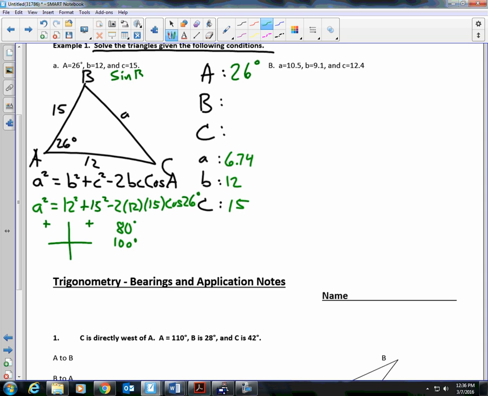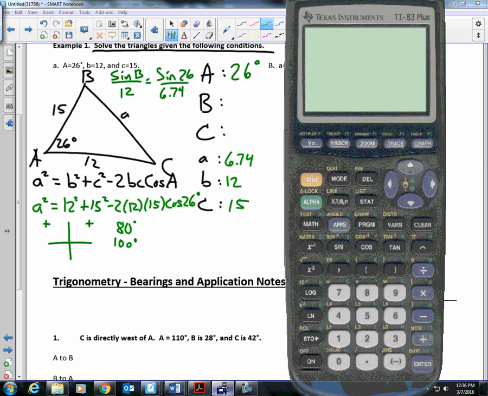Sine of angle B over 12 is equal to the sine of 26 over 6.74. Now, do a cross multiply and solve there. 12 sine of 26 divided by 6.74. And is that my answer?